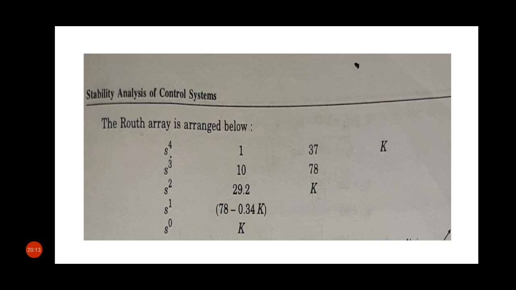Now see the Routh array. From the characteristic equation we calculate the Routh table or Routh array. We have already discussed this in Routh stability criteria.